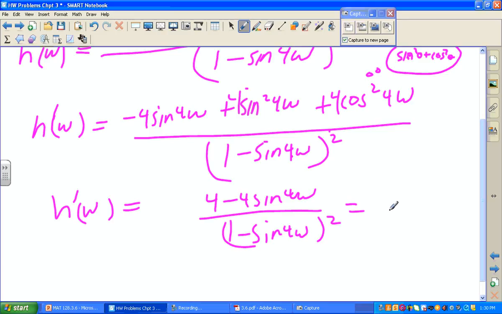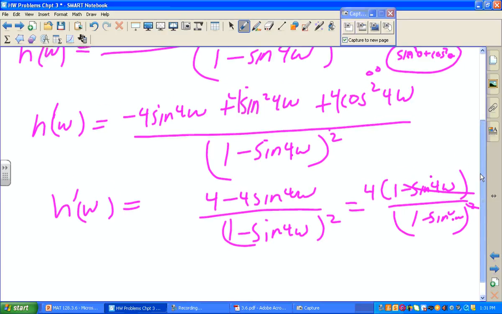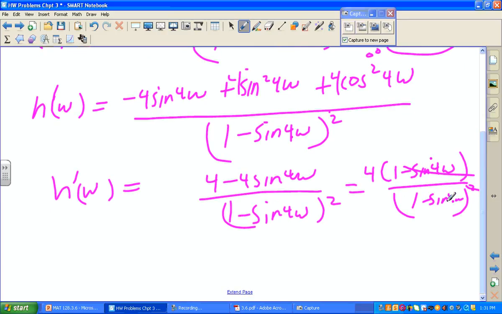Ergo 4 factored out. I don't see any light bulbs going off. So you only get 1. Yeah, you can divide that off. Nice! That's a good one.